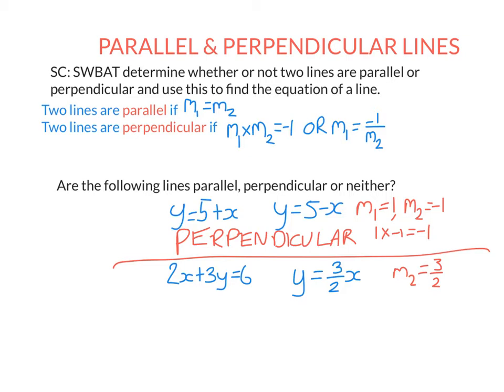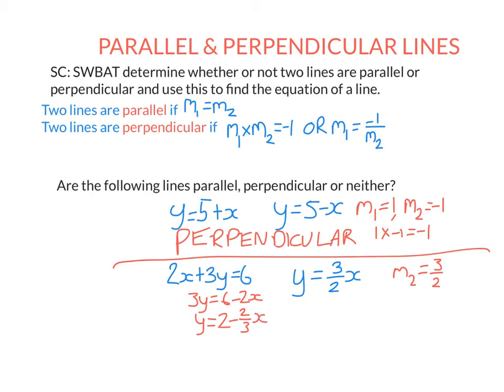The gradient is the number in front of x only when it's y equals something. So if I want to find the gradient of this line here, I have to rearrange so y is the subject of the equation. I'm going to subtract 2x from both sides, then divide each side by 3. So 6 divided by 3 and minus 2x divided by 3.